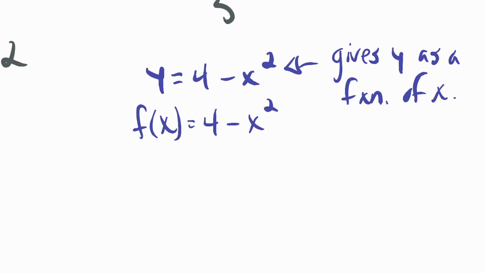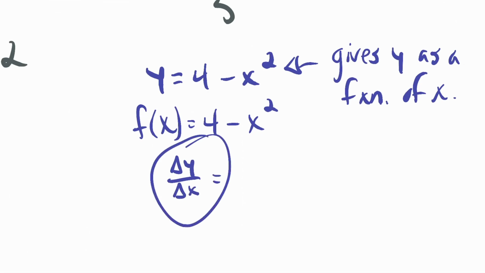One of the reasons I might want to do that is that later on, I might want to represent function evaluation. Like if I wanted to do the difference quotient, if I never call this f, how do I represent the difference quotient? How do I refer to f of x plus h? The difference quotient, delta y over delta x, which might not be familiar yet. We'll talk more about this later.